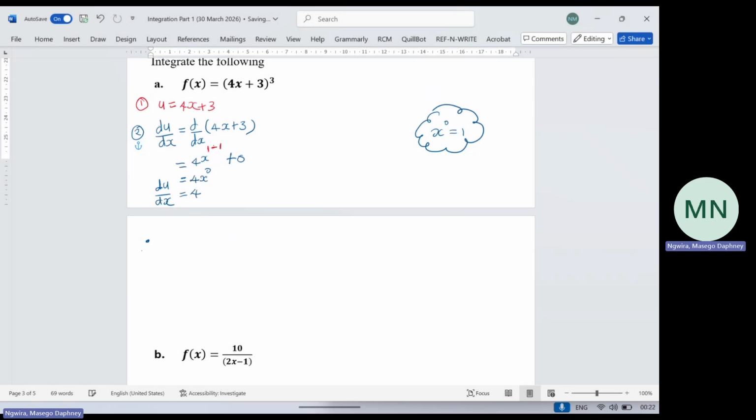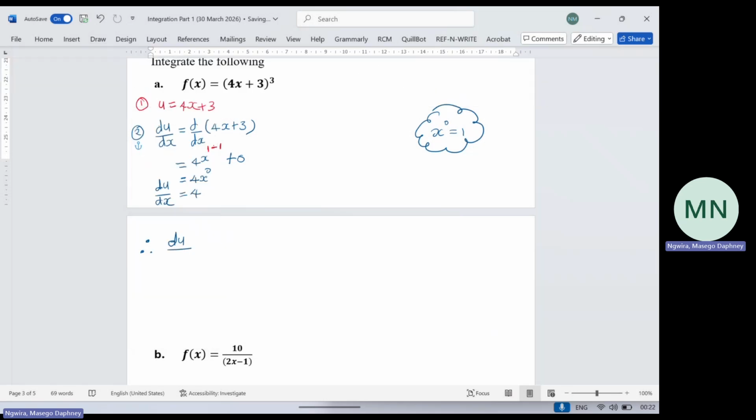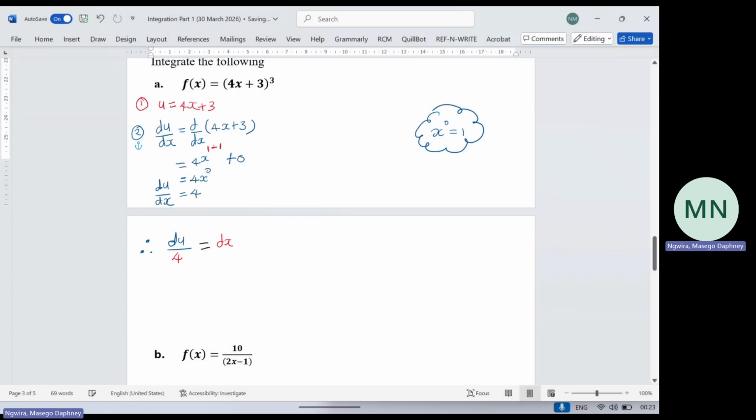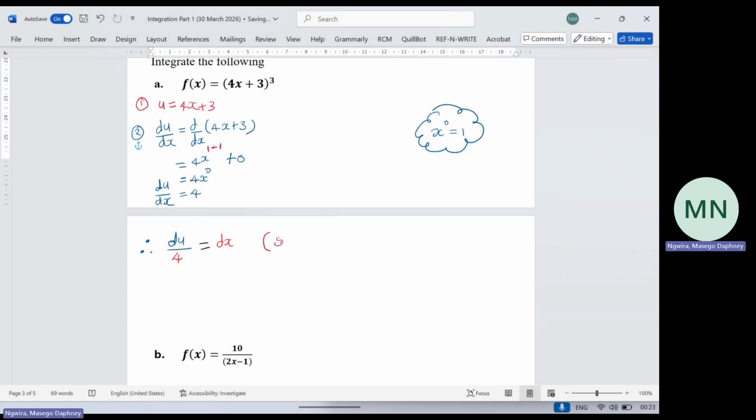So I am going to have du over, I'm using a different color so that you can see what changed, this will be 4, and then the dx will be this side. You just swap. You're allowed to swap in mathematics, please. If it's a fraction, you're allowed to swap. So that's what we have. That's step number 1, step number 2.